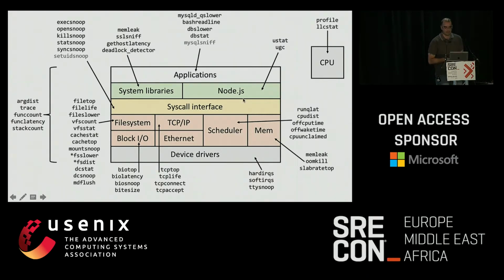If you're interested in Node.js profiling specifically, those are the tools you might be using from this collection. But there's a bunch of stuff here for everyone else as well. Kernel events like scheduler events, database profilers, which will tell you which queries you're executing in your database. There's a bunch of stuff there. But for Node specifically, we have a few tools that can look at Node processes and output some useful information.